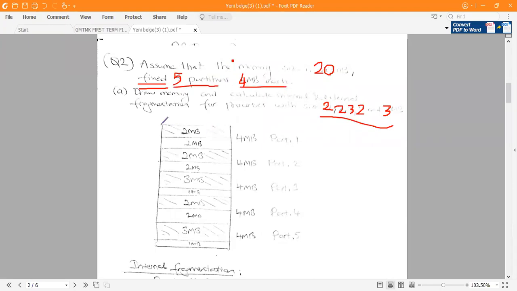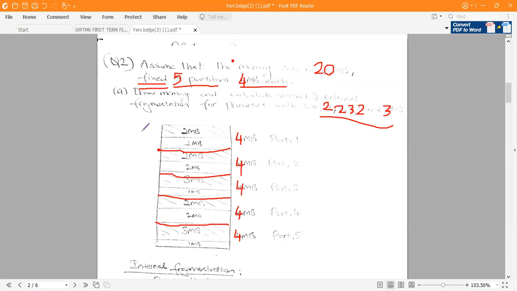So for fixed partitioning, you have to divide the memory into 5 partitions, each 4 megabytes, like this one, this one, this one, and this one.